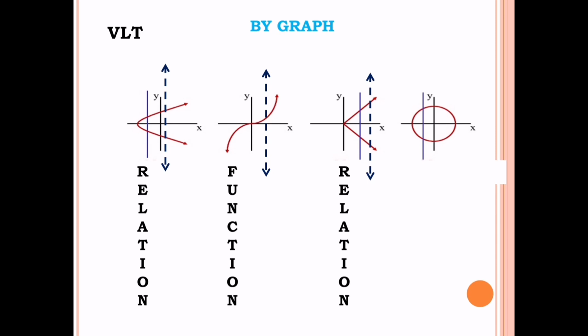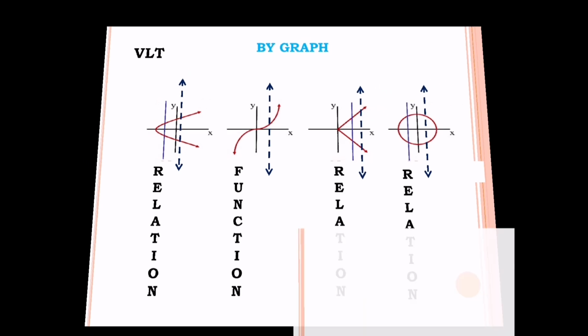On the last, the VLT intersects still at 2 points of the given graph, so it is a relation. So remember, in a graph, we can tell whether it is a function or just a relation by simply applying the VLT, or vertical line test.